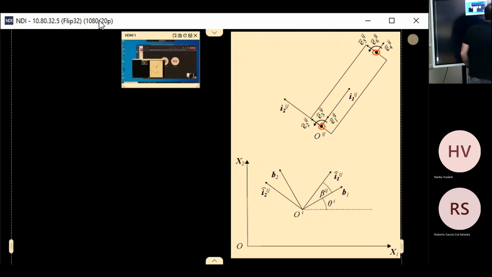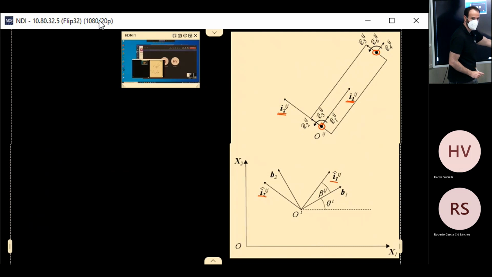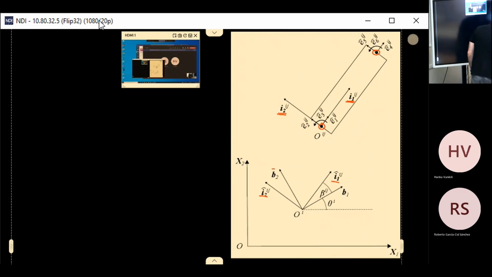Then you have the axis of the element, i1, i2. Then you have the intermediate floating frame, which is this one here, parallel to the element frame but located in the origin of the body frame, B2, B1. So this is the origin of the body frame. This is the intermediate frame, which is initially parallel to the element frame.